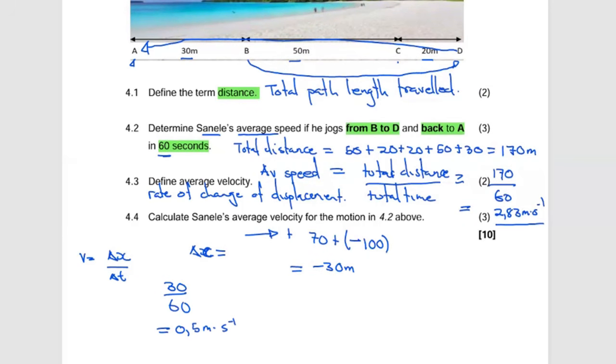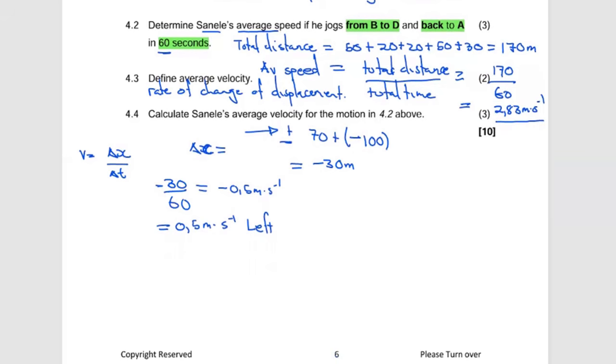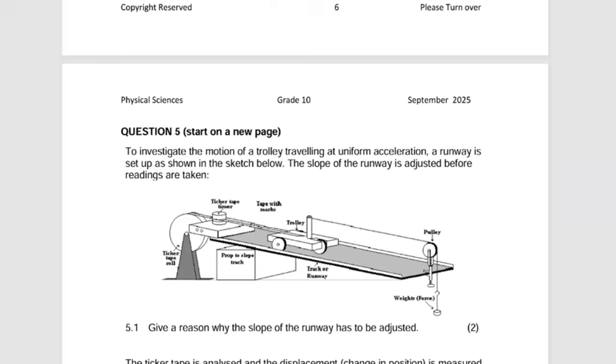In terms of direction, it is left, because I got a negative value, negative 30. Therefore, I'm going to get a value of negative 0.5 meters per second. Remember, we chose to the right as being positive, so now he's heading left. That's why we use that value.